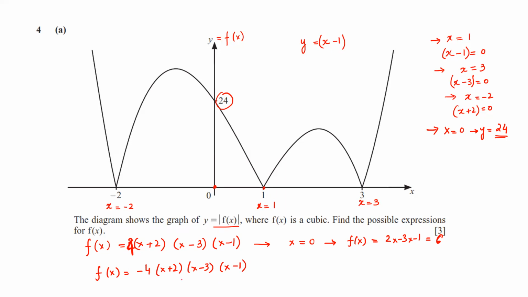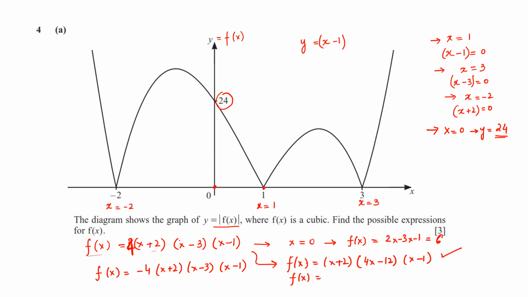Okay, this is one, and this 4 can be multiplied with any of these three factors inside. You can say f of x is equal to (x plus 2), and then multiply 4 by (x minus 3), so 4x minus 12, times (x minus 1). This can be one.